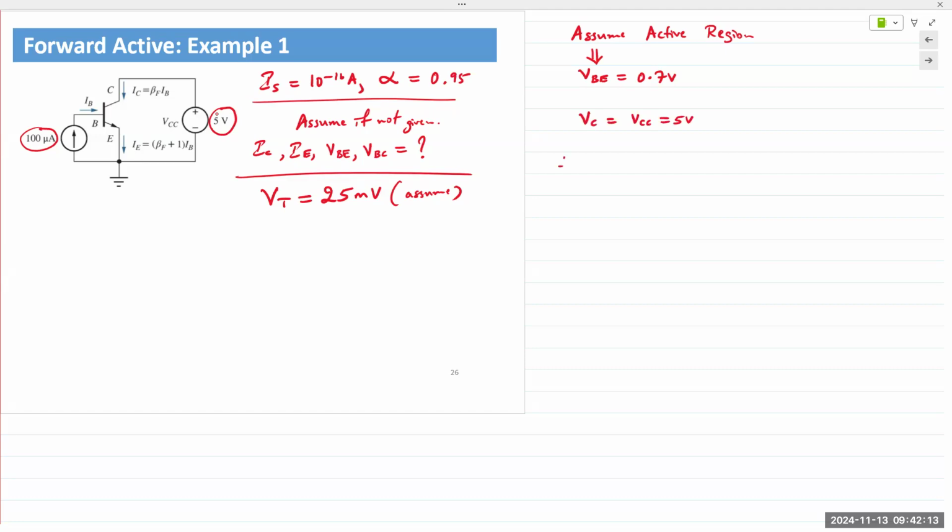And hence, I can write VBC is VB minus VC, which is 0.7 minus 5, gives me minus 4.3 volts.